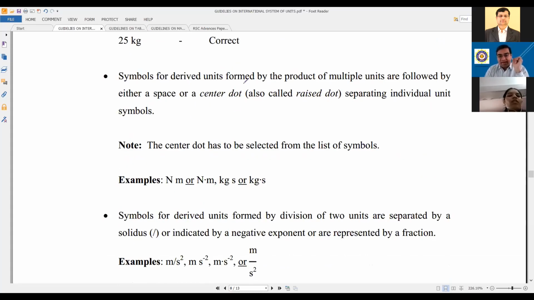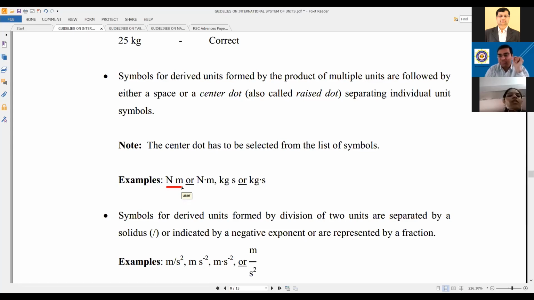Symbols for derived units formed by the product of multiple units are separated by either a space or a center dot, sometimes also called a raised dot, separating individual unit symbols. That's why N·m is the unit of torque.